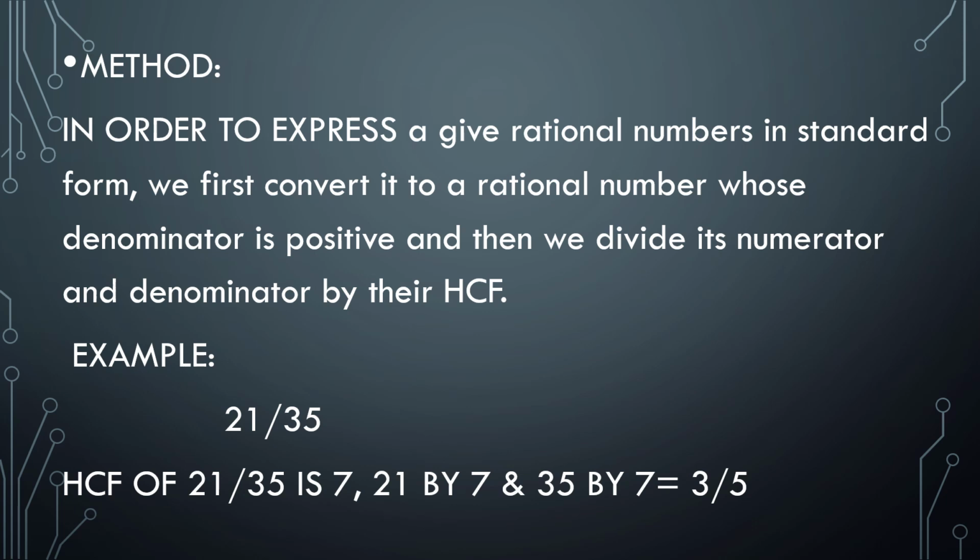The HCF of 21 and 35 is 7. 7 ones are 7, 7 threes are 21, so we get 21 as the numerator, and 7 fours are 28, 7 fives are 35. So we get 3 by 5, reduced to its lowest form. This is called the standard form. 3 by 5 is our answer.